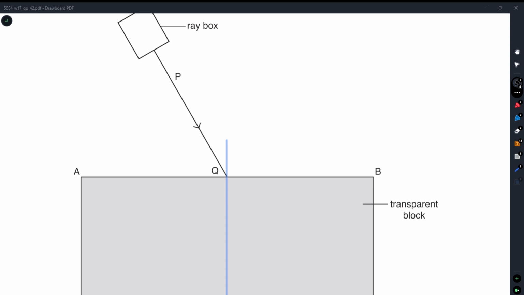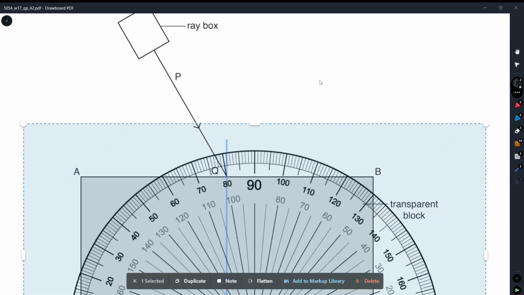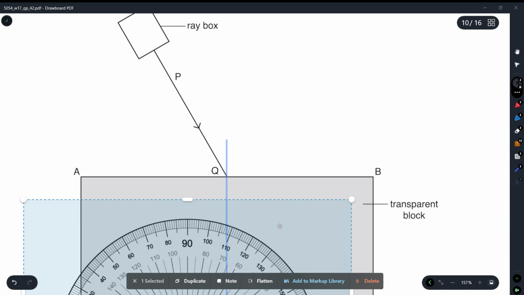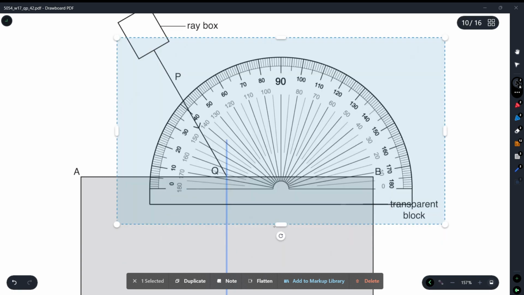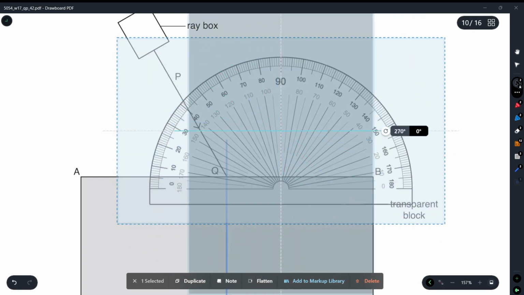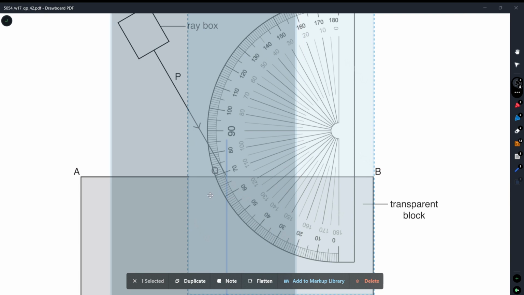So there it is, the protractor. So we've got the protractor. I need to rotate this. I need to rotate this like so.